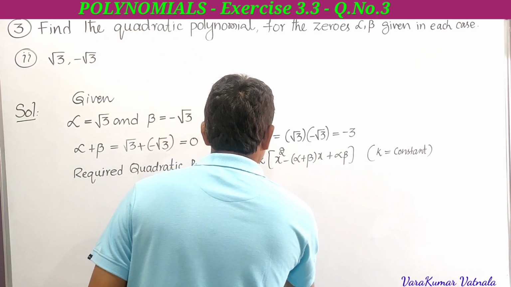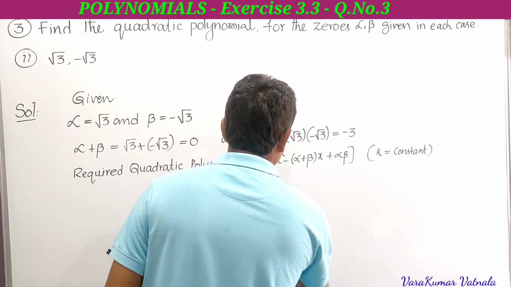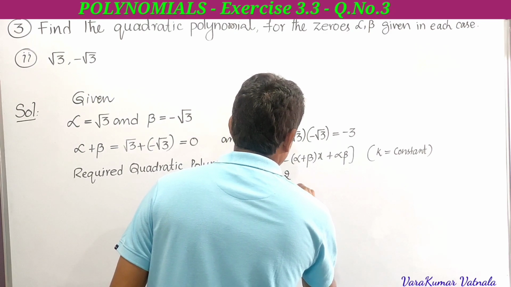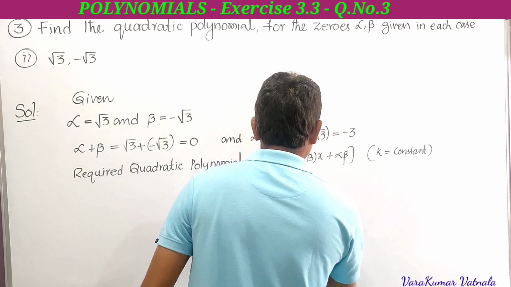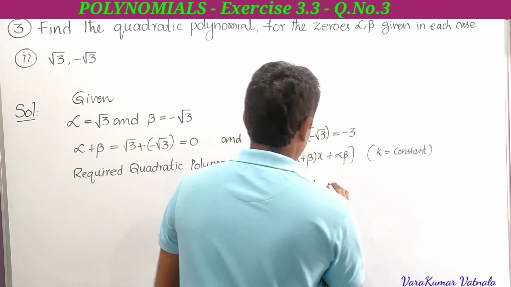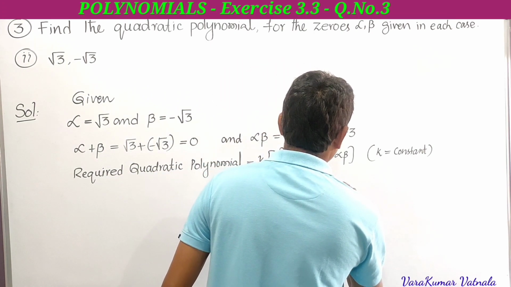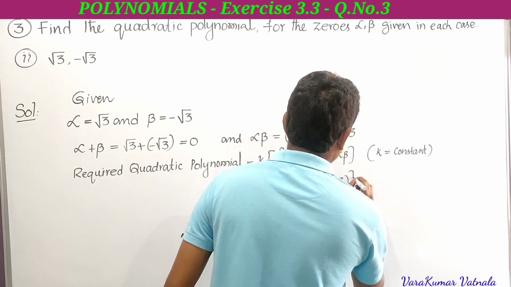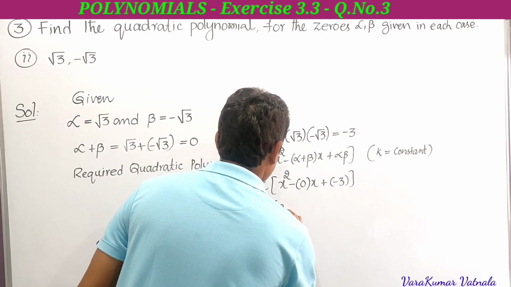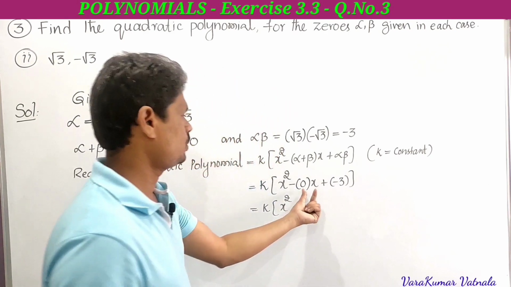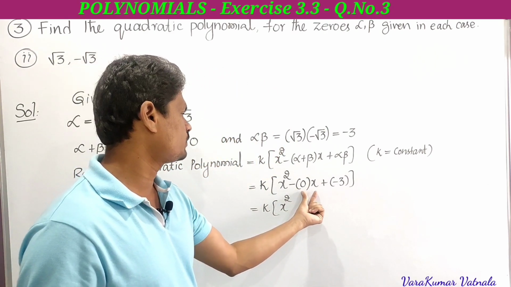So it is k into x square minus 0 into x plus minus 3. Substituting minus 3, it is k into x square, and 0 into x is 0. Totally it becomes 0.